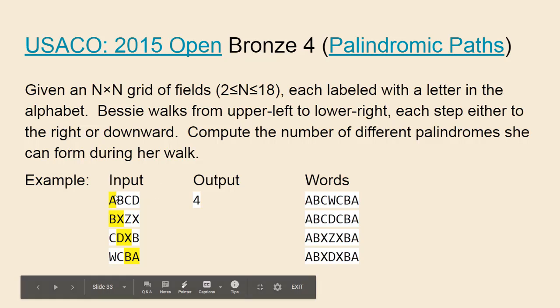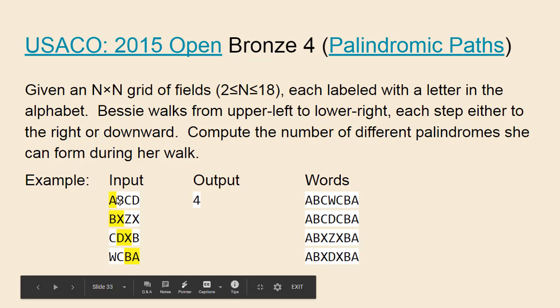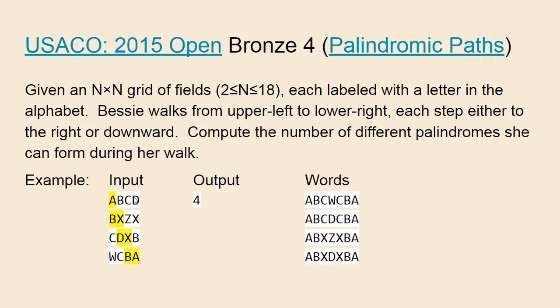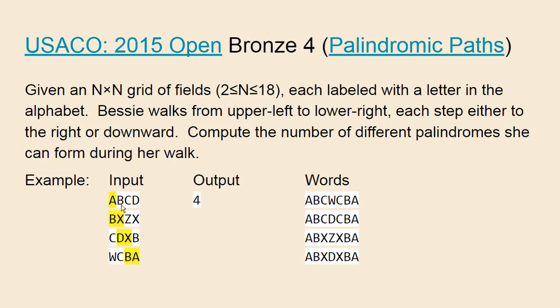We need to make 6 moves to go from the top left to the bottom right. 3 of them will be moves to the right, and 3 of them will be moves down. So no matter which path you take, it's going to consist of 3 right moves and 3 down moves.